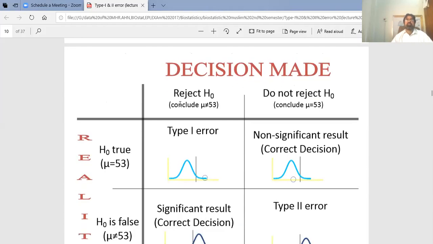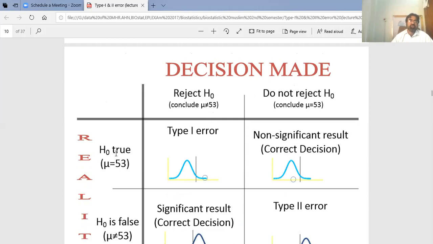This was the decision. For example, reject H0, your conclusion was mu was not equal to 53. You reject the null hypothesis when the actual mean of the population was equal to 53. 53 could be your weight, it could be any parameter.